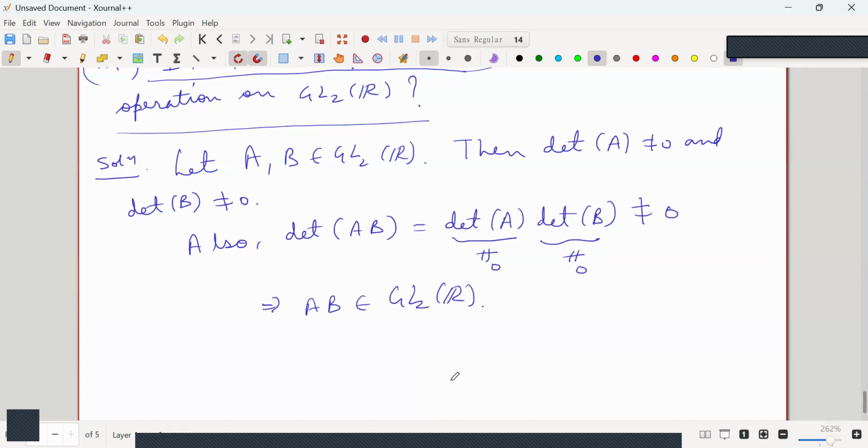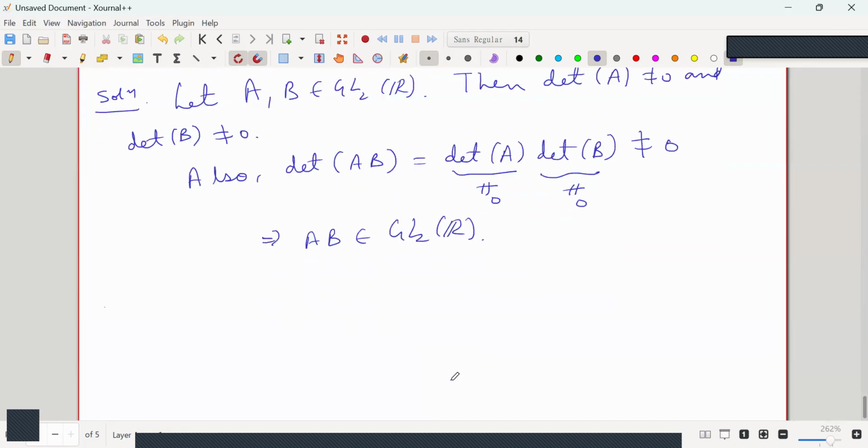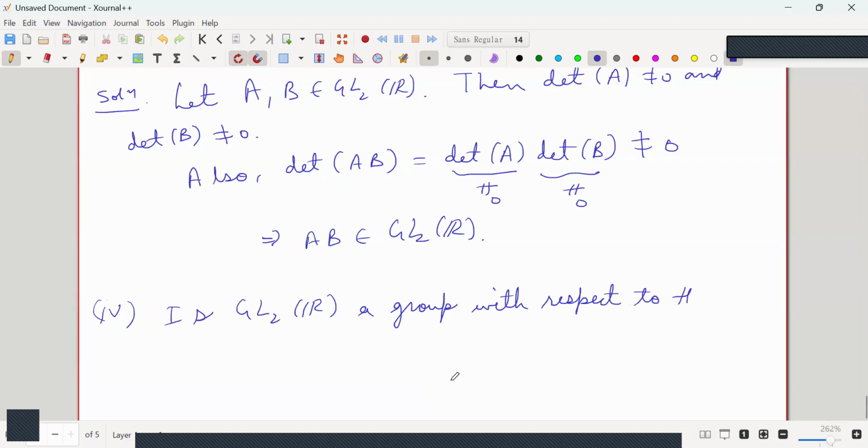Now, another thing is: is GL2R a group with respect to the matrix multiplication?